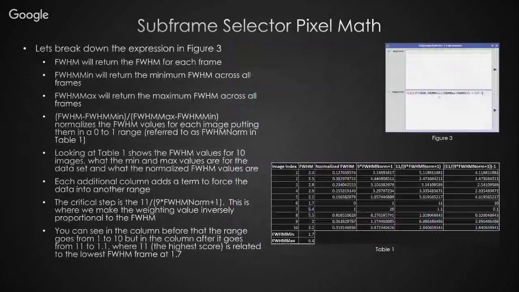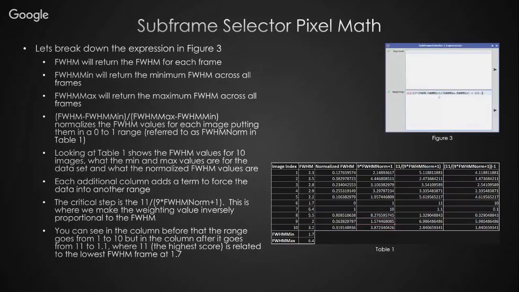Okay, so let's break down the expression here. Whenever I call out FWHM in a subframe selector expression, that's going to return the full width half maximum for any given frame that it is looking at, and it's going to loop over each frame as it's doing these calculations.